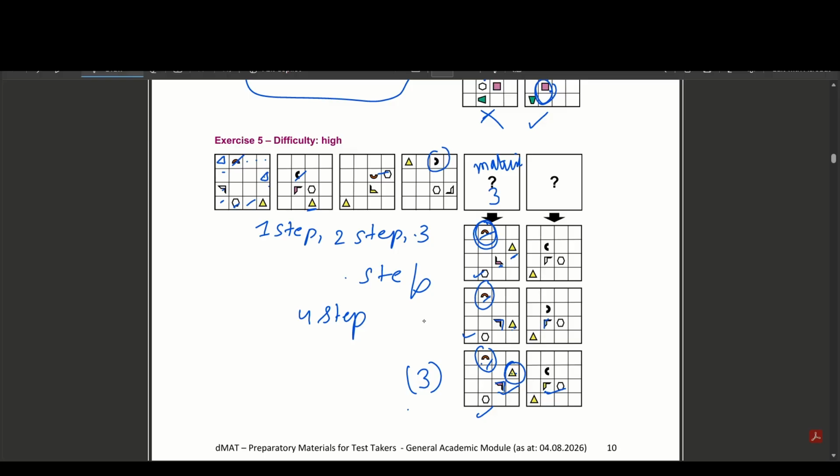And in the same type, this is moving up, down, right, left, then again the color, that would be black. From here it will move like this. This is the pattern now of this shape. Here, here, here. From here it will move like this only. So that is correct.